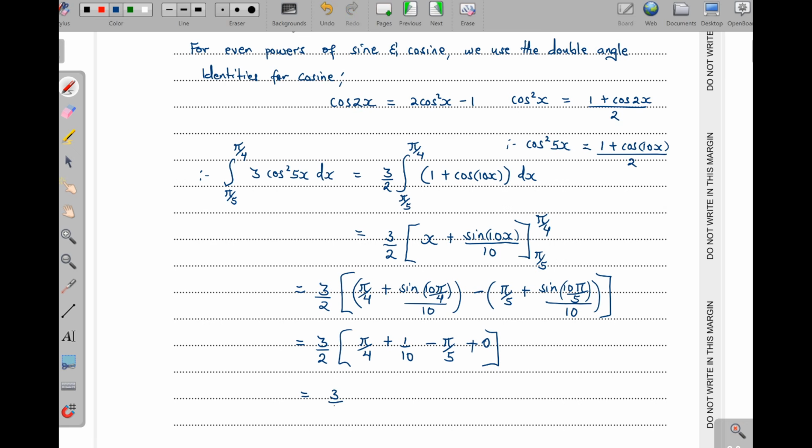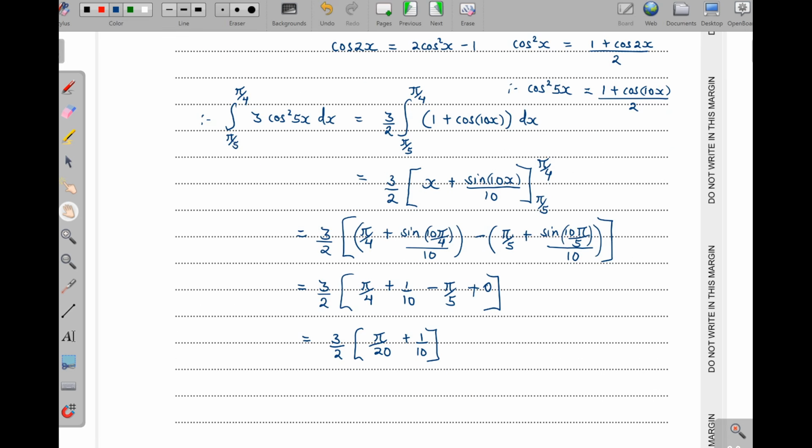So 3 over 2, then we have pi over 20, and then plus 1 over 10. Okay, then from there, when we multiply by what is outside here, we shall get 3 pi over 40, then plus 3 over 20. So that is the exact value.